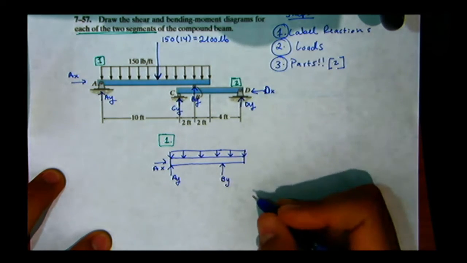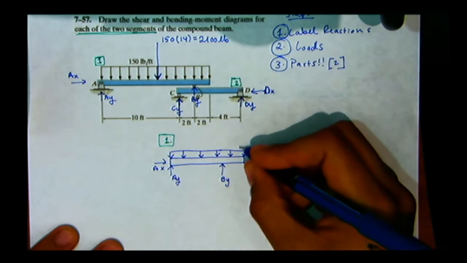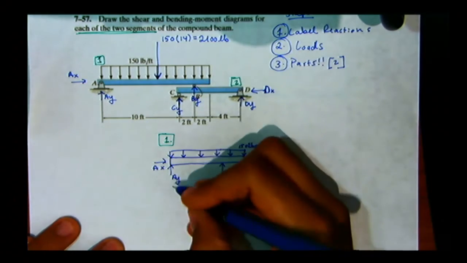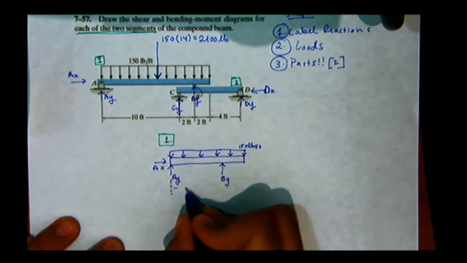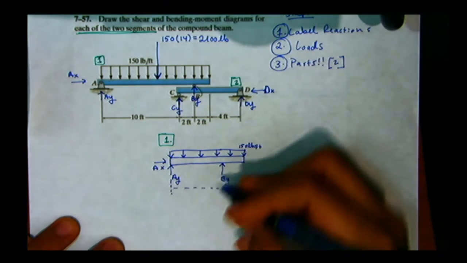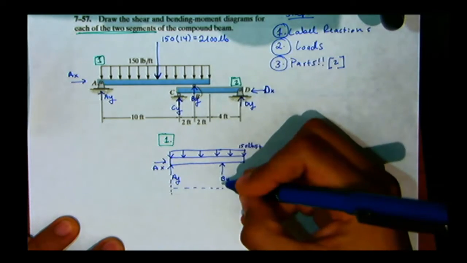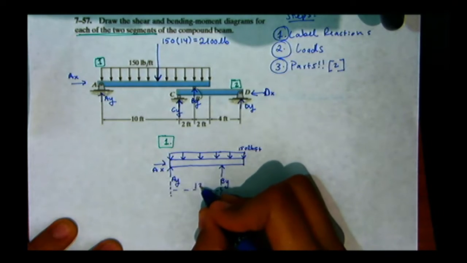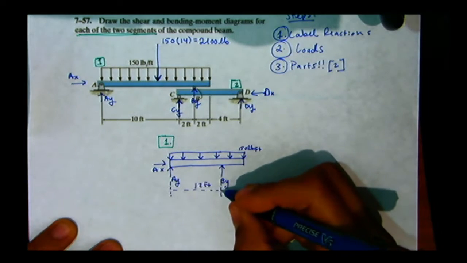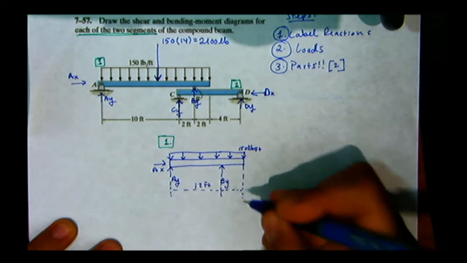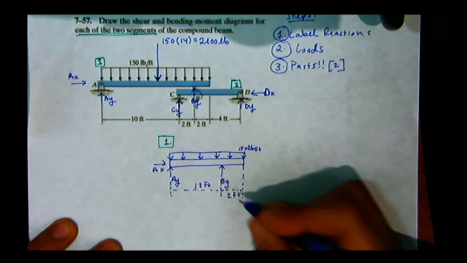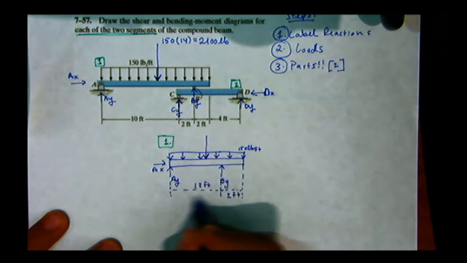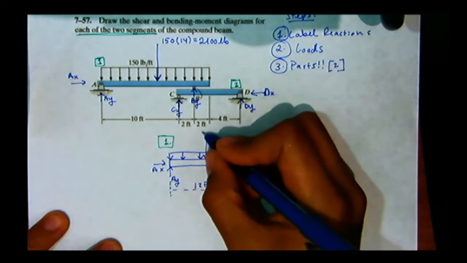Up to B y, it's 10 plus that 2, so 12. And this is going to be 2 feet. And we still have the same distance and the same load, so it's going to be that 2100. So summation of forces, correct?